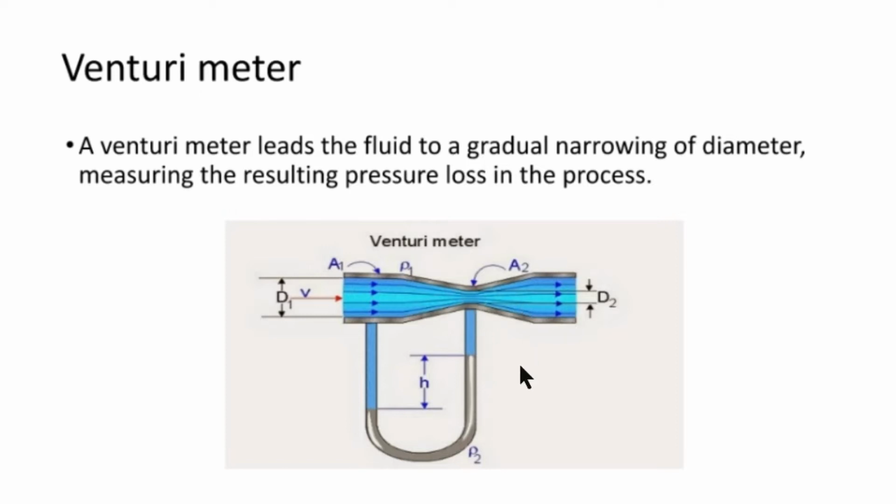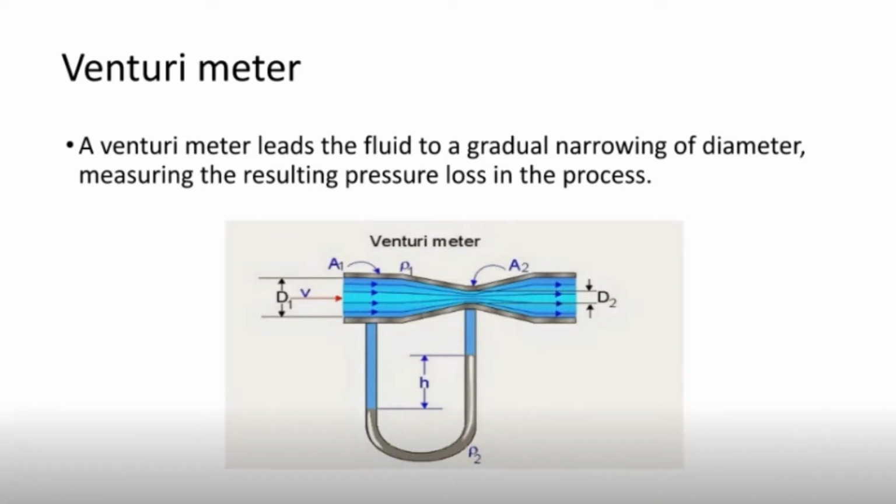Now the decrease in pressure is notable in this manometer here, and by the way, we will be using the principles of manometry to determine the pressure drop for two different points. As you can see here, the pressure is greater on the pipe side before the fluid goes to the Venturi. When the fluid goes through the Venturi, its velocity is increased but its pressure is decreased, as you can see in the reaction of the manometric fluid here.